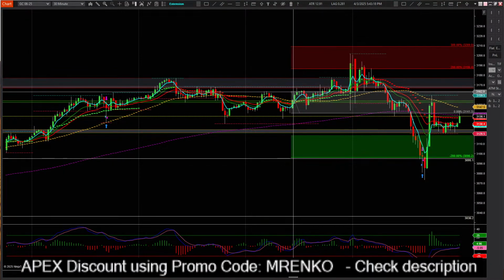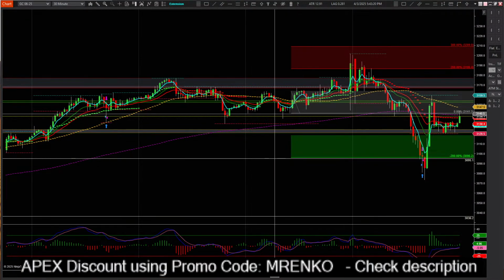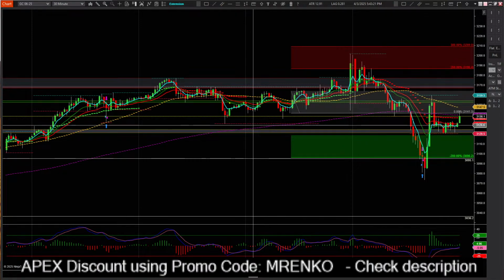So I did have this range which we were looking at from yesterday. Look at that, this range right here. Overnight, the price for gold started to go to the upside here, and then went all the way to the downside there.